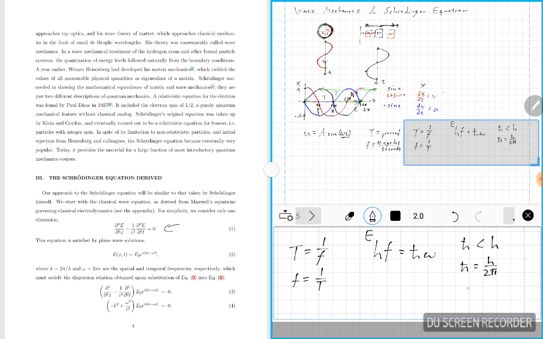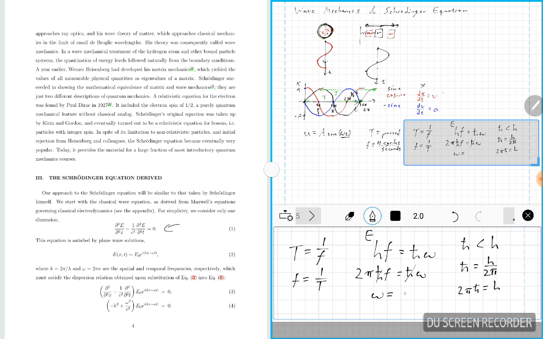So I could write 2 pi times h bar equals h. And then, yeah, now I have to replace it in here. So I'm replacing h with this. There we go. And now we can cancel out our h bars.